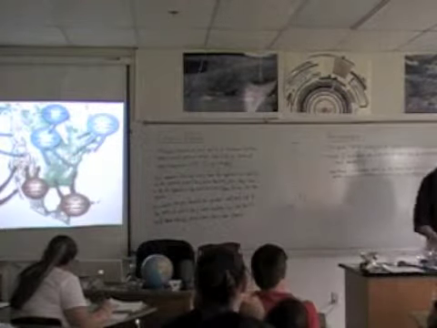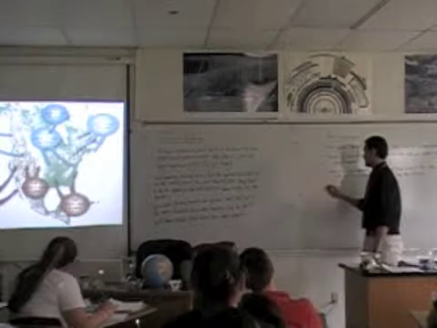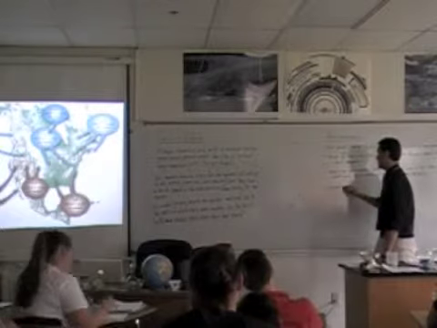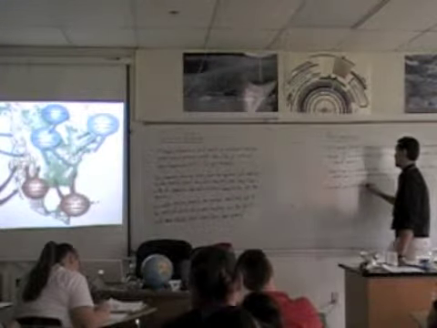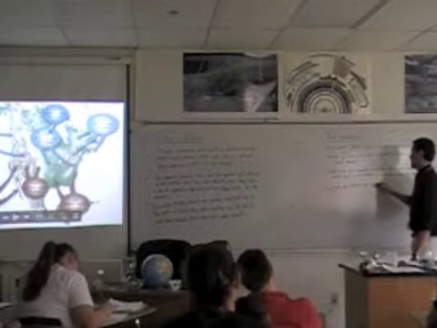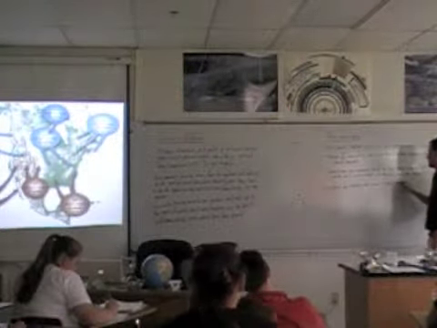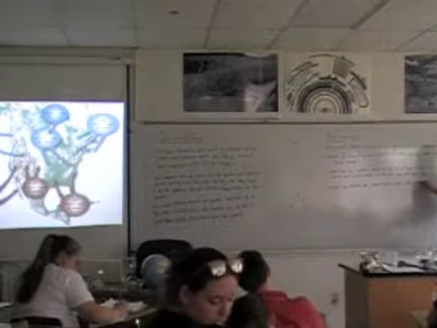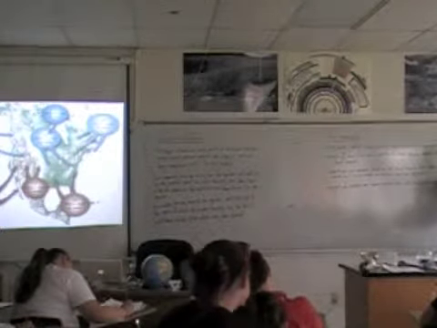So tropical air masses are warm, polar are cold, and Arctic are wicked cold.